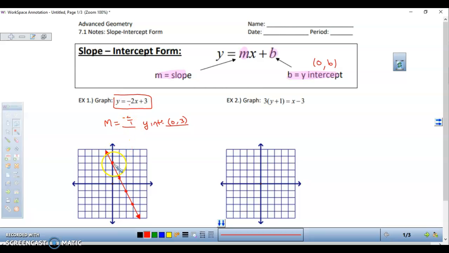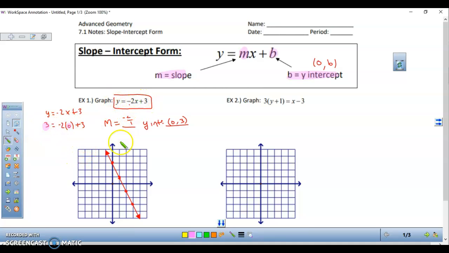Let's take this first ordered pair, 0, comma 3. Here's my equation, y equals negative 2x plus 3. If I plug in 0 for x, negative 2 times 0 plus 3, you'll notice I end up with 3. So that's the relationship. When the x-coordinate is 0, the y-coordinate must be 3.